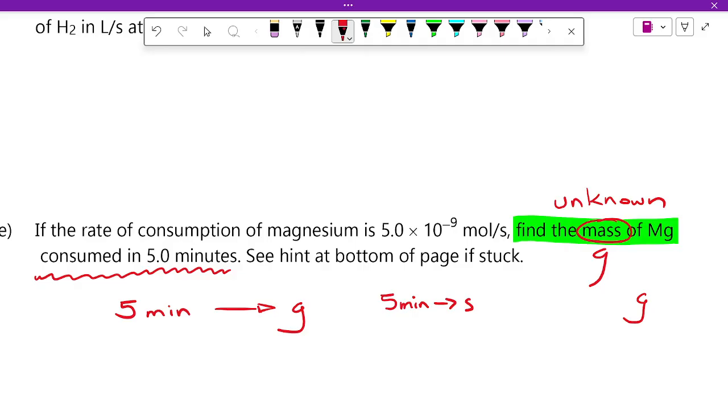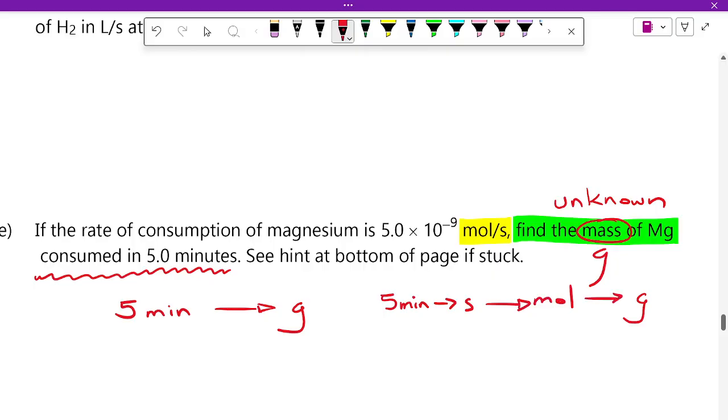No, we have moles per second. But we could find grams per second if we wanted to, or even easier than that, you could convert from seconds to moles.